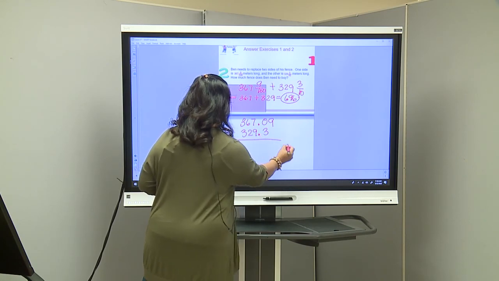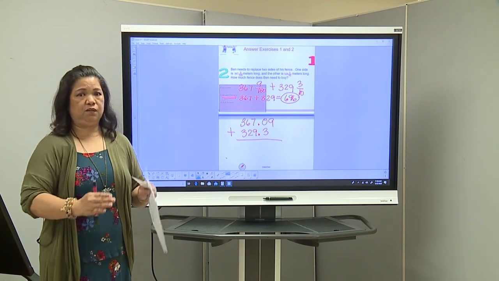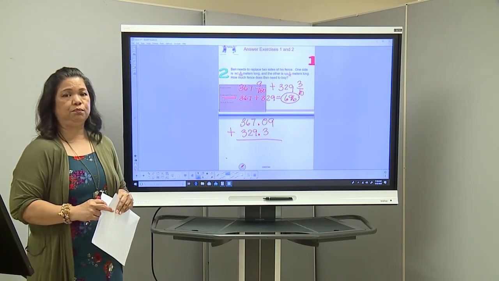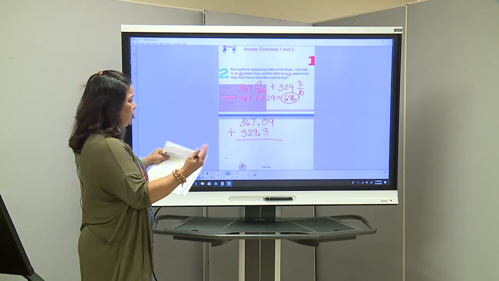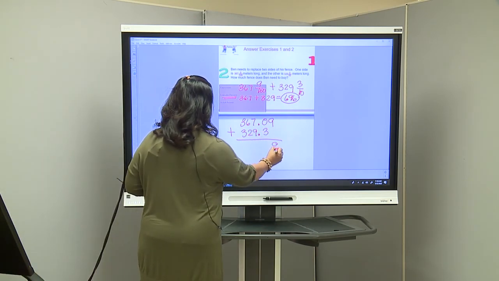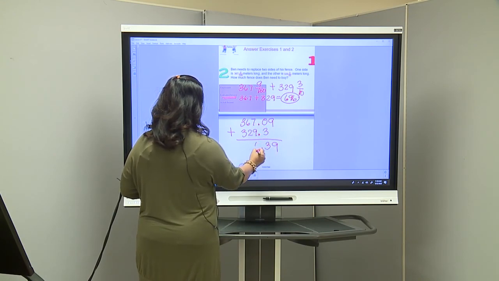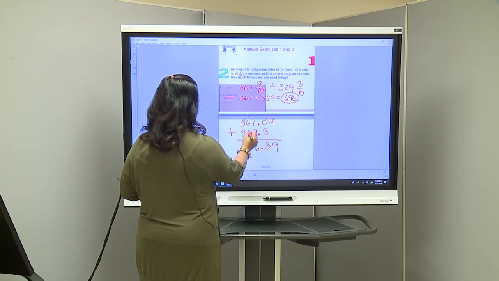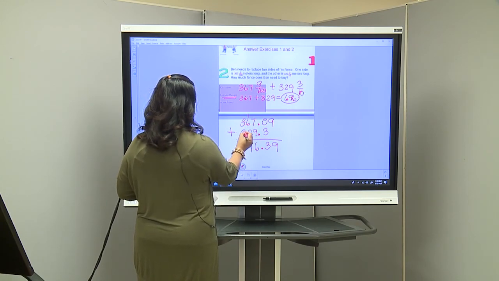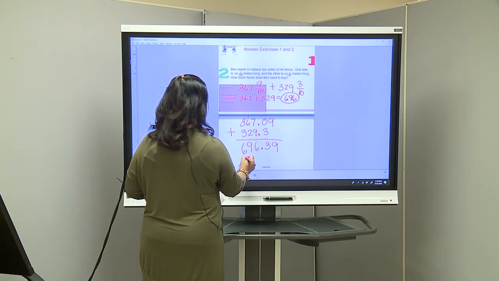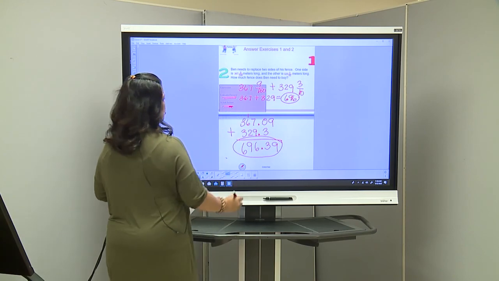So make sure that you lined up your place value correctly, because if you don't, you are not going to get close to your estimated answer. And then you add: 3 plus 7, 16, 1 plus 6 plus 2, 9, and 3 plus 3 is 6. So this is your actual answer.